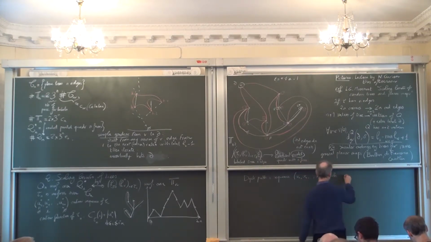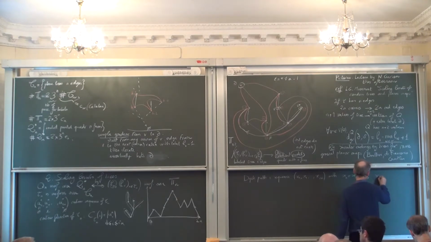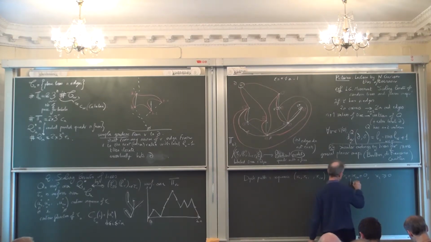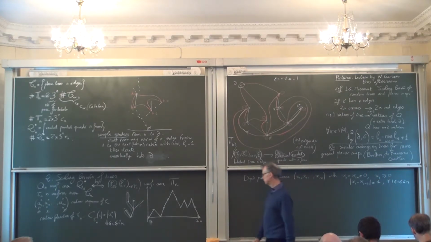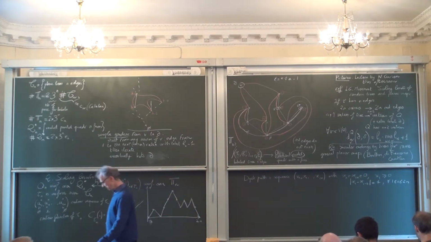You require that x0 equals x2n equals 0, that xi is non-negative for every i, and that the increments are +1 or -1. So xi minus xi-1 equals 1 in absolute value. So if you want, it's a discrete function of this type.